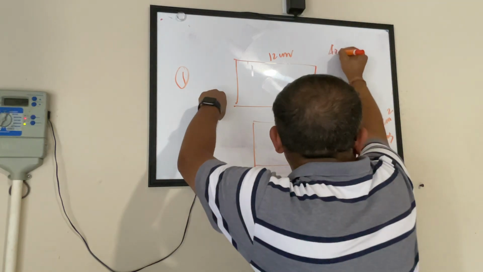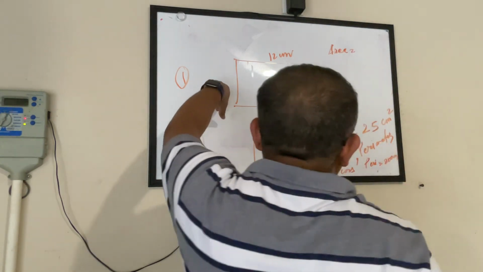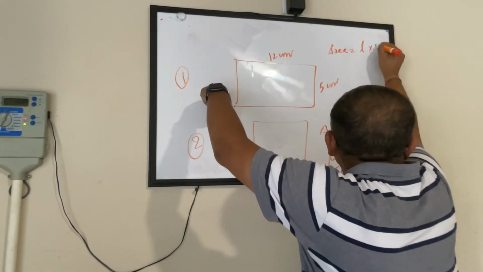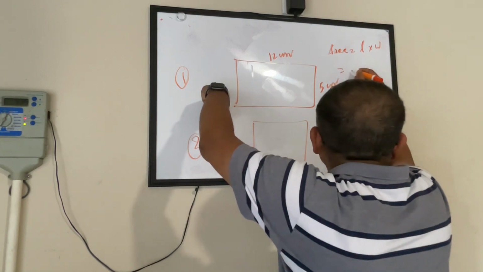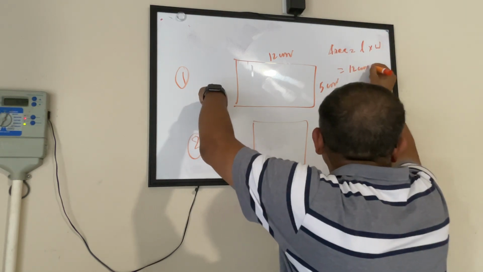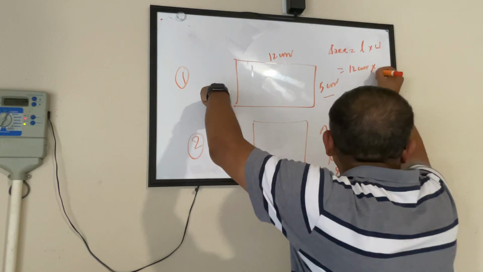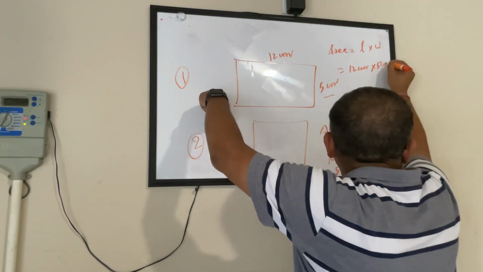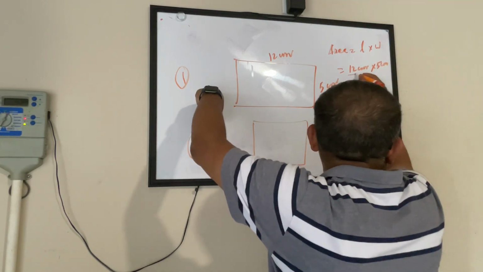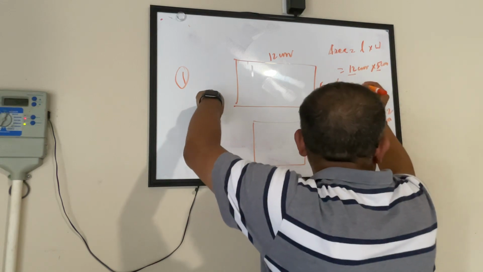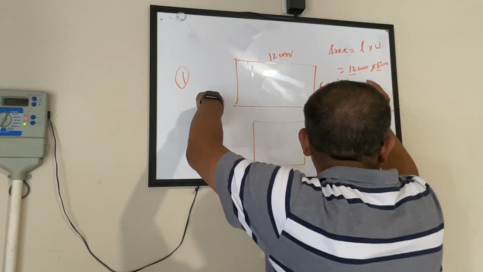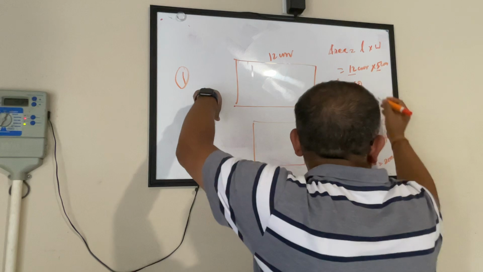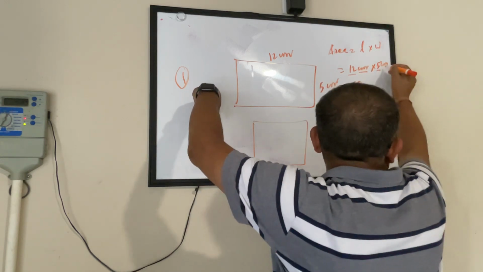So here's the thing. Area, we know, is length times width. What is the length here? 12 centimeter, into width. What is the width? 5 centimeter. So 12 and 5 I can multiply. 12 times 5 is 60. That part is okay, everybody did it right. I have centimeter and a centimeter.